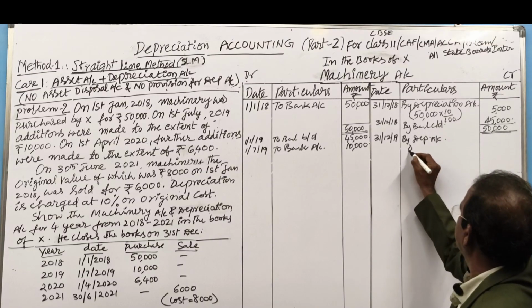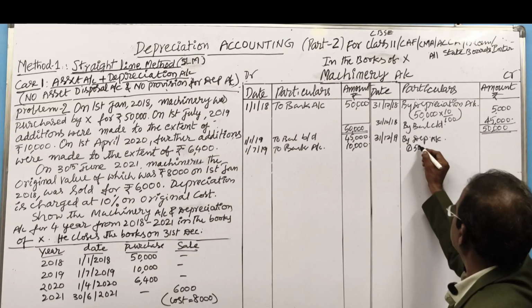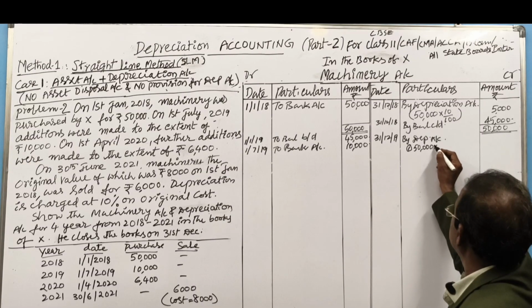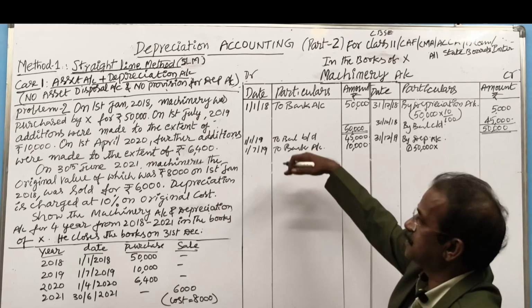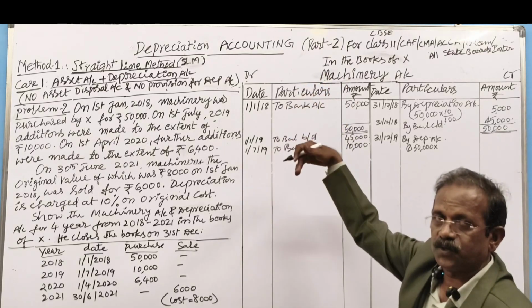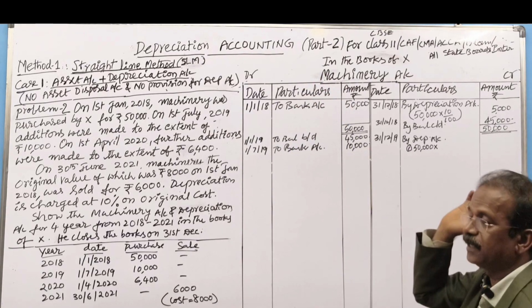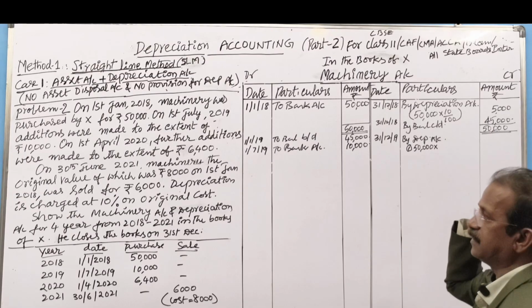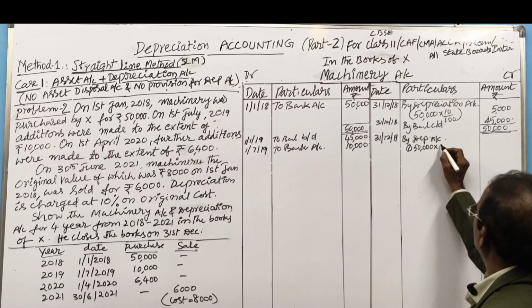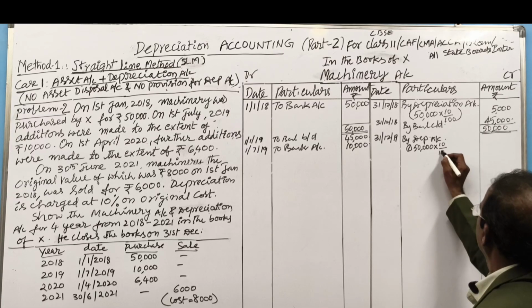The first machine is 50,000 and it is used for the whole year because it was purchased last year. So it must have been continued in the second year till the end of the year. That's why for the whole year you have to calculate the depreciation.